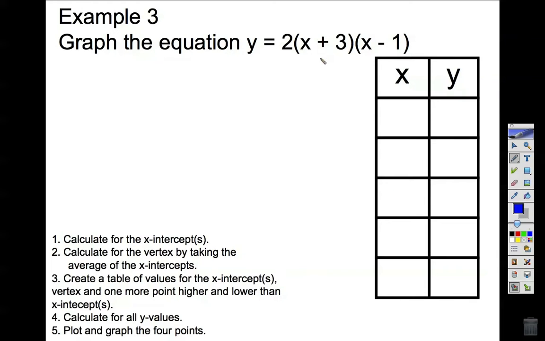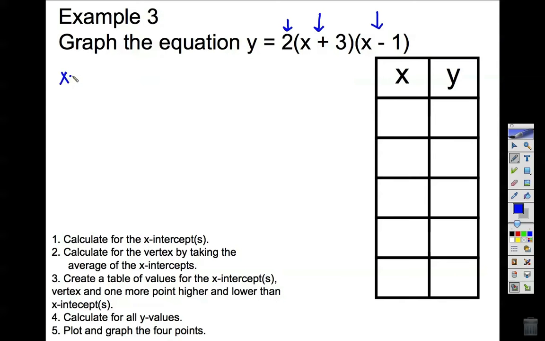Alright, so this is going to be very similar to when we solved by factoring. In order to do that, we're going to set each factor, this is a factor, this is a factor, and that's a factor, equal to 0, since we are looking for x-intercepts, which are also zeros, roots, or solutions. We're going to set the two factors that have a variable, because if I set this equal to 0, I am going to get a statement that does not make sense. 2 equals 0 is not a true statement.